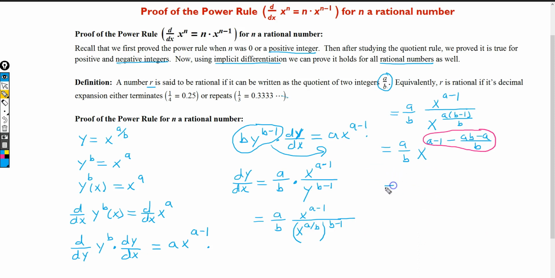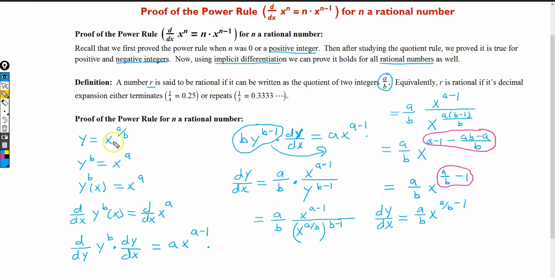We've now argued that this is equal to a over b times x to the a over b minus 1. That's what all of this is. The two terms circled in red we've now shown are the same. And so what we have now is dy/dx equals a over b times x to the a over b minus 1.